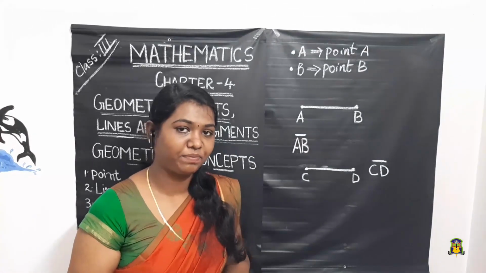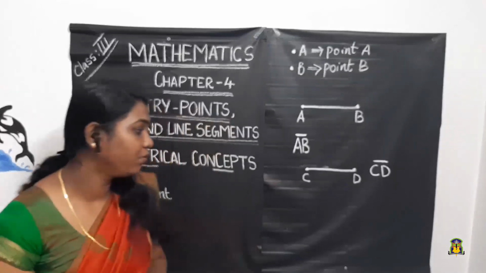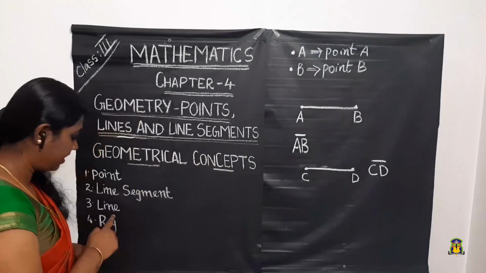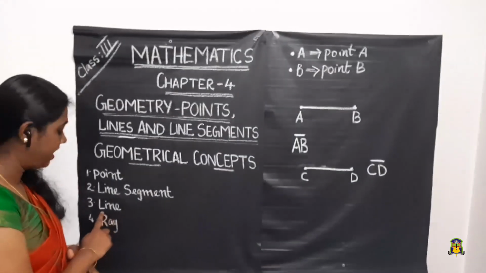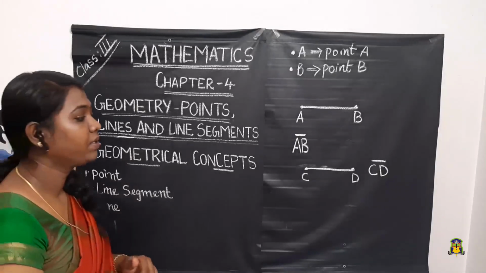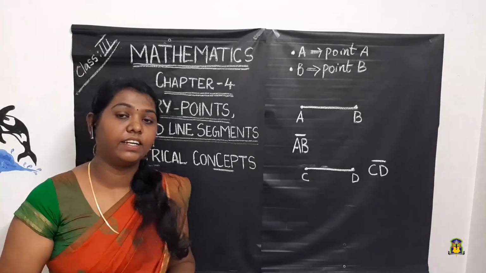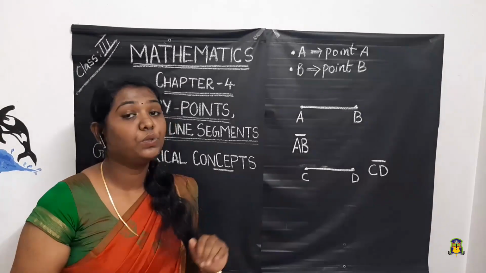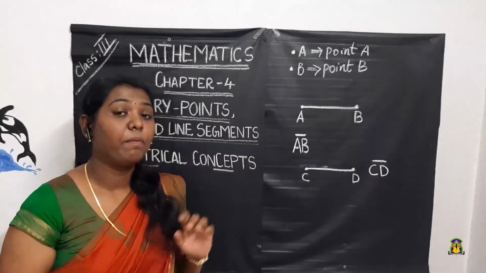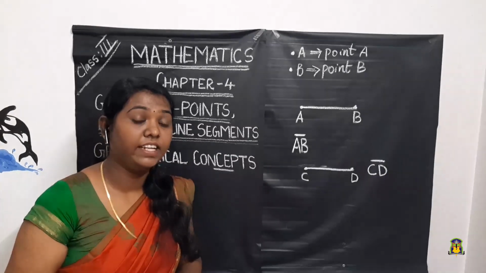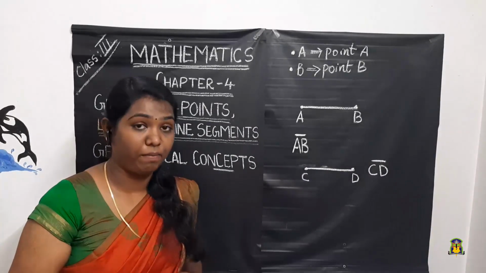Okay, children. Now we can move to our next concept, that is line. Okay, so line segment we have already learned. Line segment has two endpoints. But in the case of line, it will have no endpoints.